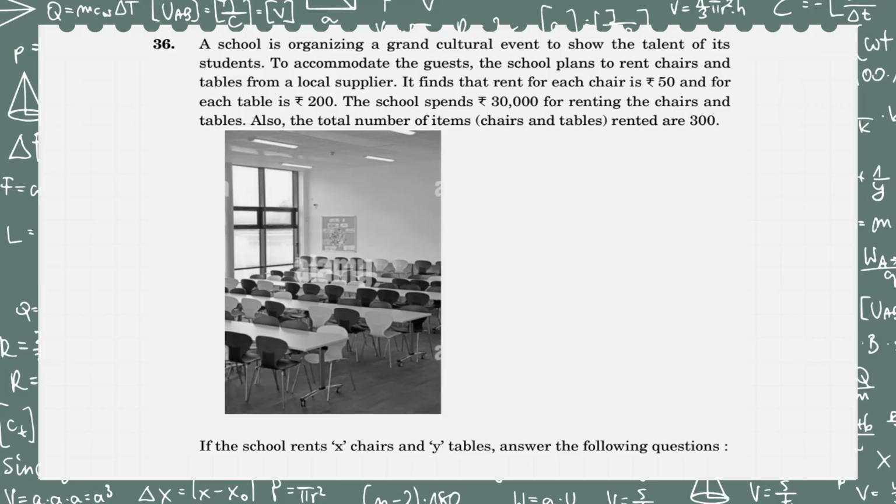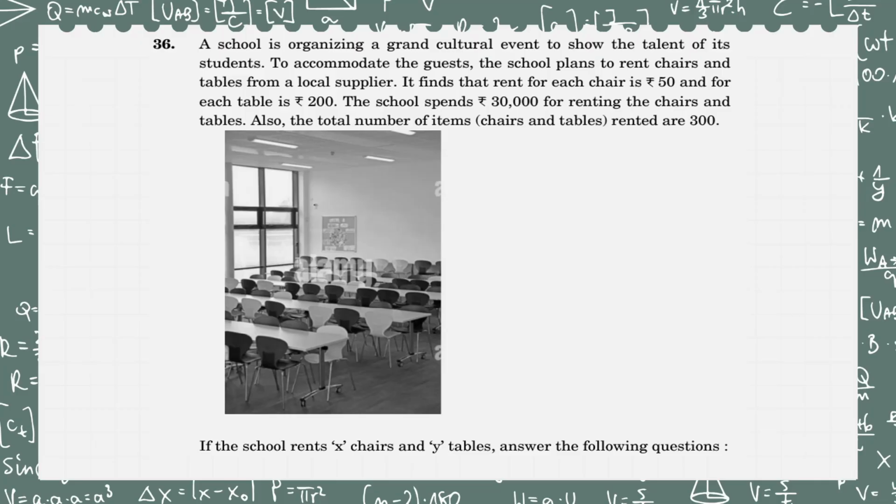It finds that rent for each chair is rupee 50 and for each table is rupee 200. The school spends rupee 30,000 for renting the chairs and tables. Also, the total number of items rented are 300. If the school rents X chairs and Y tables, answer the following questions.